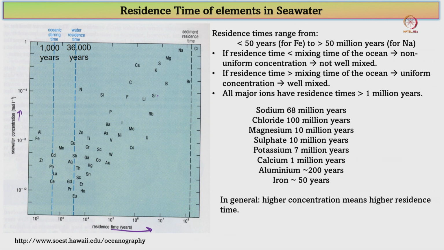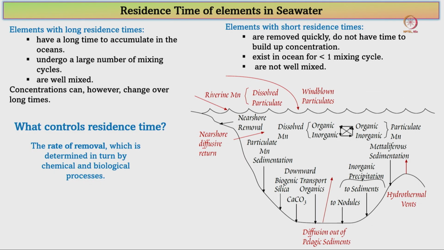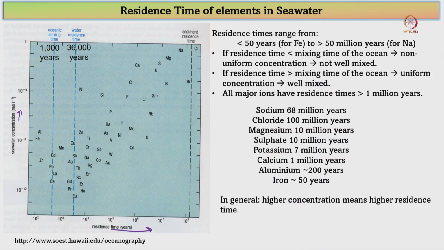So, this balance decides which element is going to stay for a longer duration and which element is going to get removed. The elements with longer residence times have a long time to accumulate in the ocean, and they undergo a large number of mixing cycles. If you see here, sulfate has 10,000,000 years.